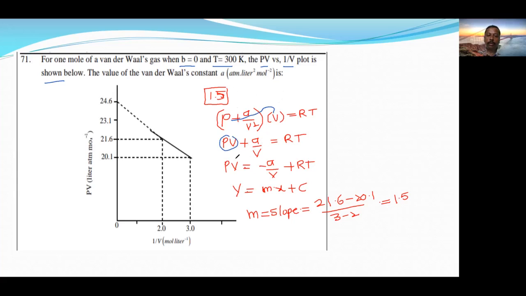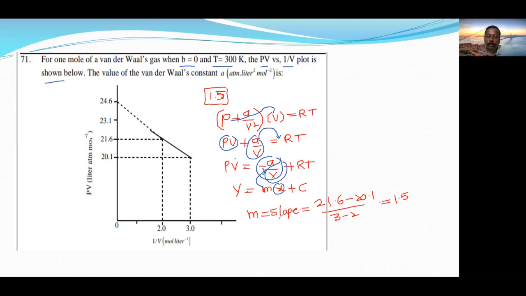Now multiplying this inside, PV plus A by V is equal to RT. Now I wanted to convert into y is equal to mx plus c. That's why I am taking it here. So PV is equal to minus a by V plus RT. So here x is equal to 1 by V, so the slope will be equal to minus a.